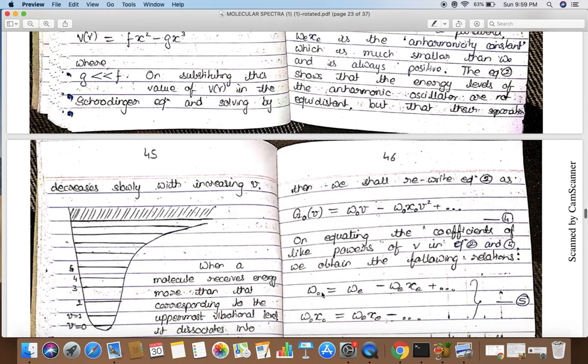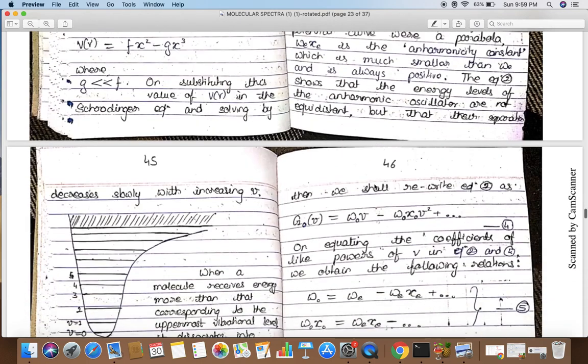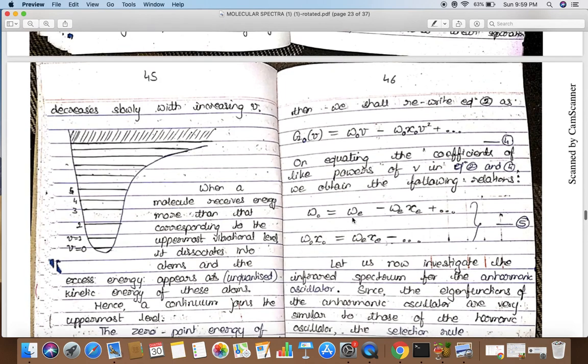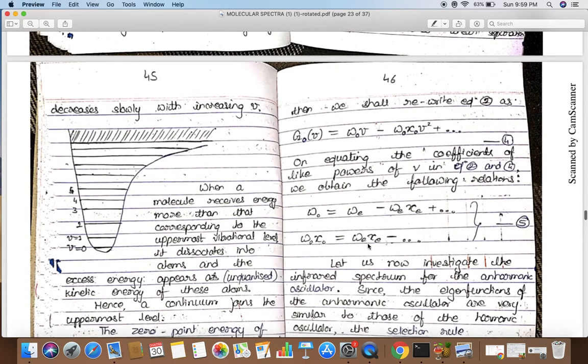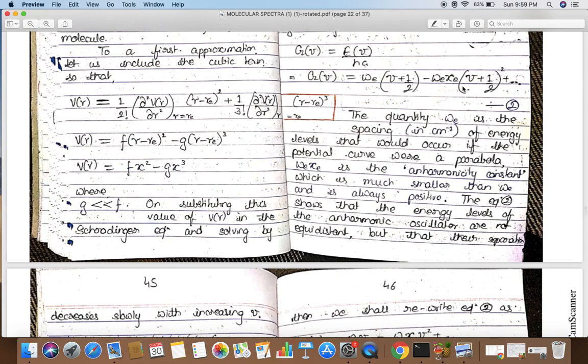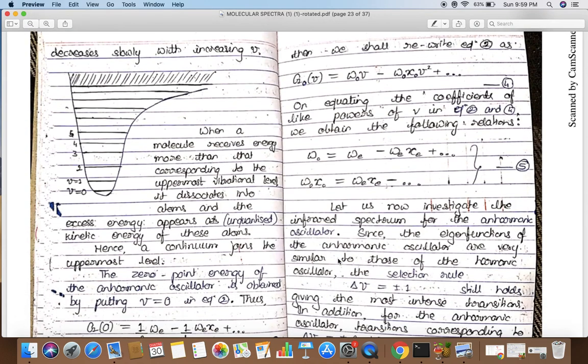Omega naught is equal to omega e plus one half omega e xe squared term, and the nu term gives omega naught equal to omega e minus omega e xe. For the square term, omega naught x naught is equal to omega e xe. Because we are taking only the second order, you have omega e square x square. So this is equation number 5. I think it is clear to you now.